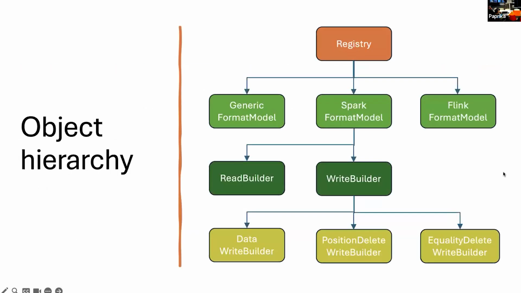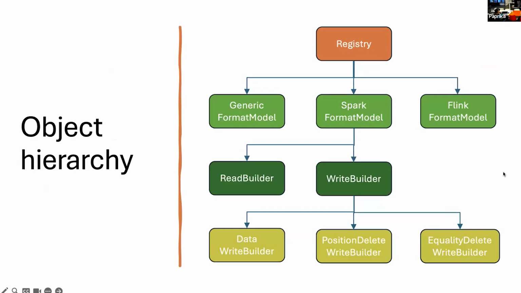This is how it looks again. So we have the registry. We register the generic format model, and Spark could register the Spark format model, Flink could register the Flink format model, and every other engine could register its own format model into the registry.